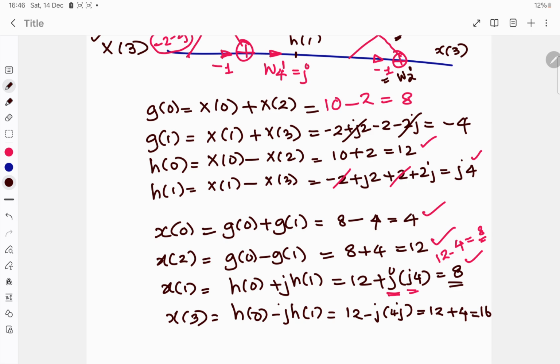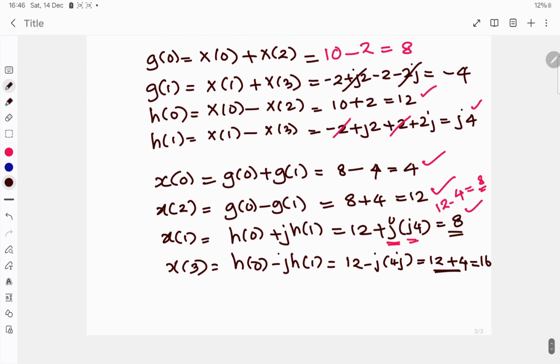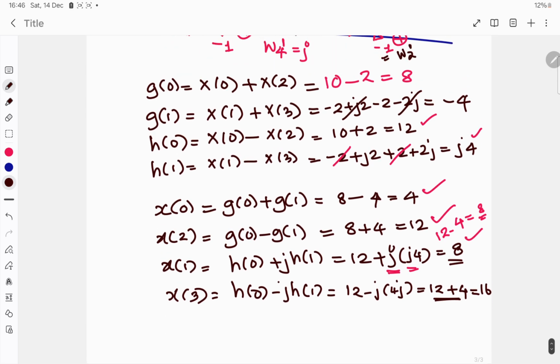Similarly, you can also find the value of x of 3, which is equal to h of 0 minus j times h of 1, which is 12 minus j times j4. Since j times j is minus 1, minus times minus will be plus, and 12 plus 4 will be 16. So we'll get the answer here.